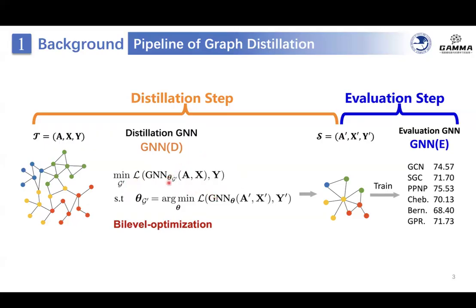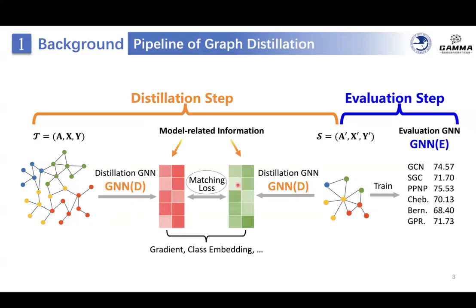Because theta G prime depends on the synthetic graph, the outer optimization incorporates back propagating through the inner training, which leads to a bi-level optimization with high computational complexity.